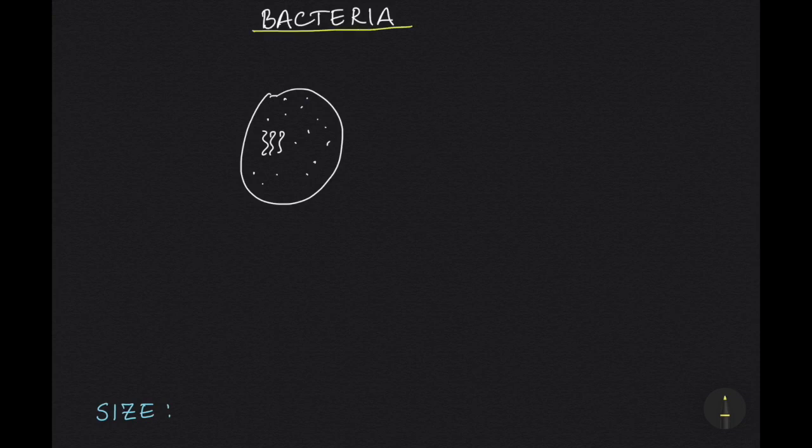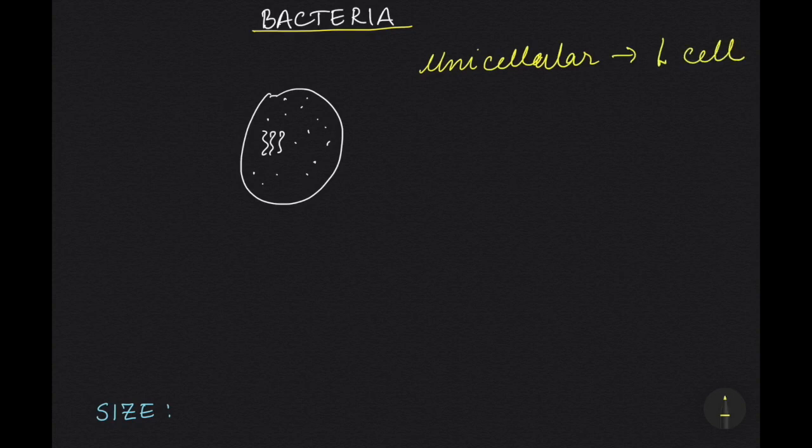You know bacteria are unicellular organisms. Unicellular means they are made up of a single cell, one cell, and they do not have a nuclear membrane. That is, they are known as prokaryotes or prokaryotic cells. Why prokaryote?